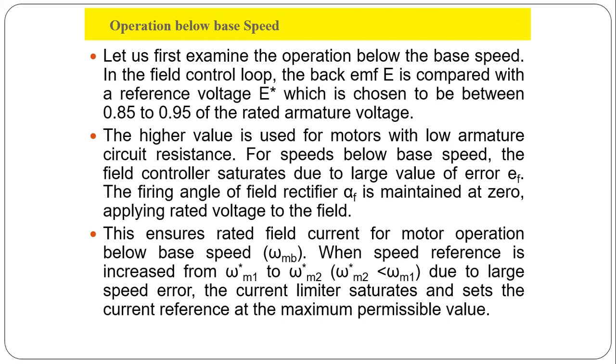So this ensures rated field current for motor operation below base speed, denoted by omega mb. When the speed reference is changed from omega star m1 to omega star m2, where omega star m2 is less than omega star m1, due to the large speed error the current limiter saturates and sets the current reference at the maximum permissible value.